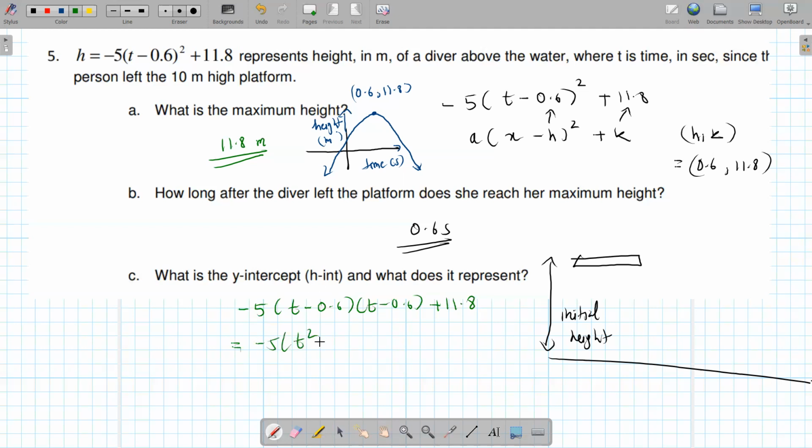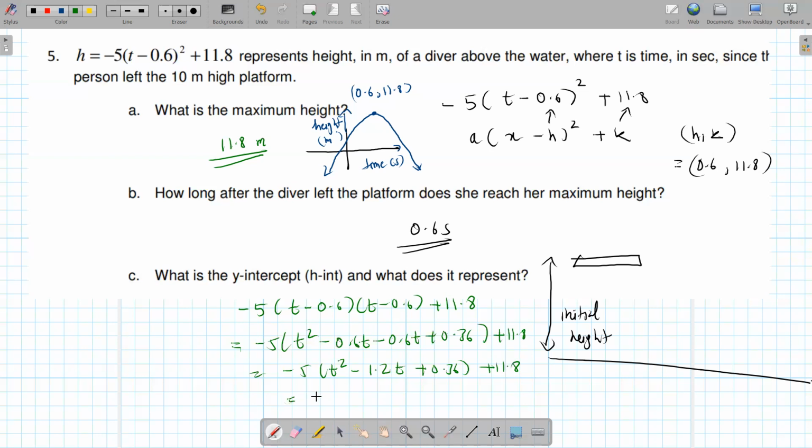Right, so you have t squared minus 0.6t minus 0.6t plus 0.36, which is 0.6 times 0.6, plus 11.8. If you group up the like terms, you get minus 5 times (t squared minus 1.2t plus 0.36) plus 11.8.